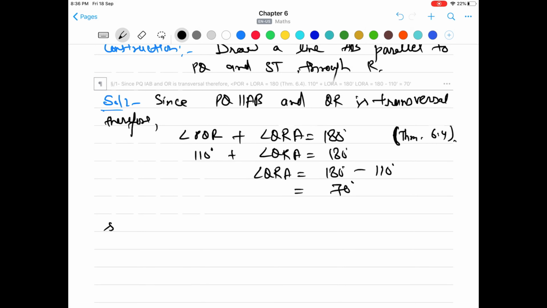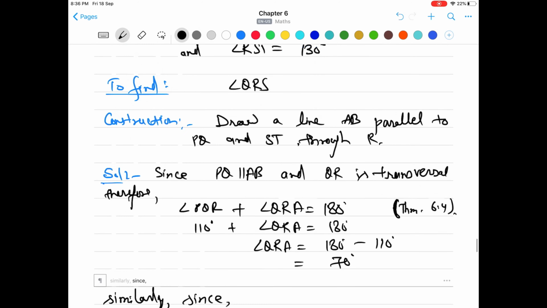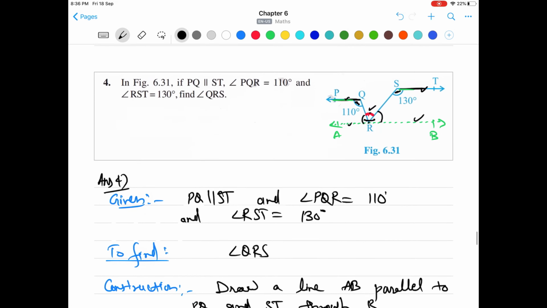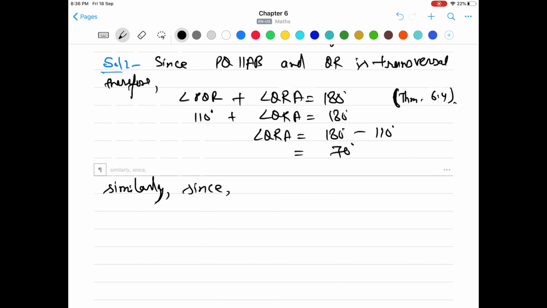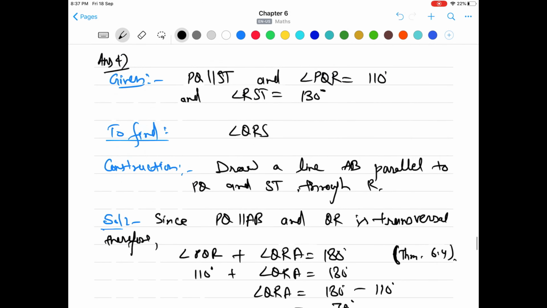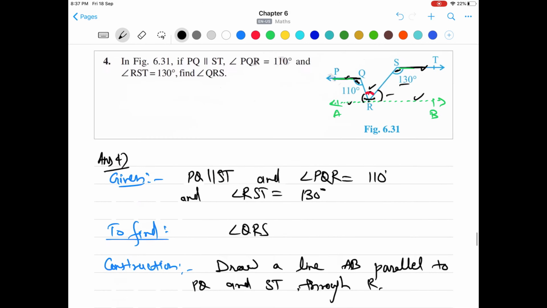Similarly, since AB is parallel to ST and SR is a transversal, therefore again using theorem 6.4, the sum of these two angles will be 180 degree.